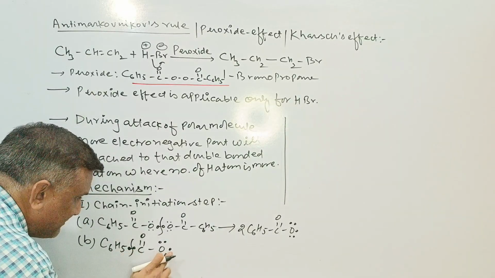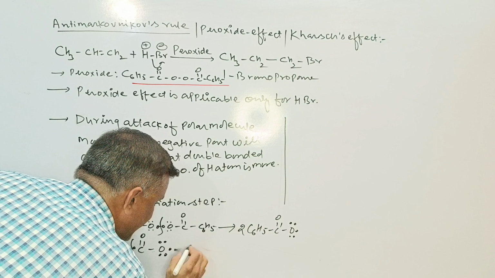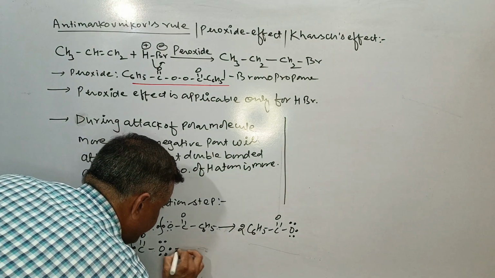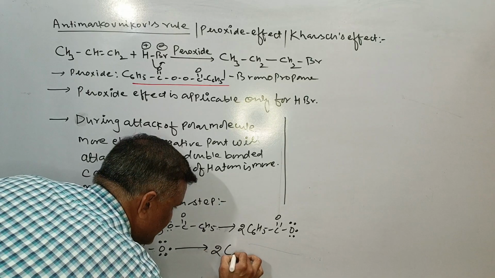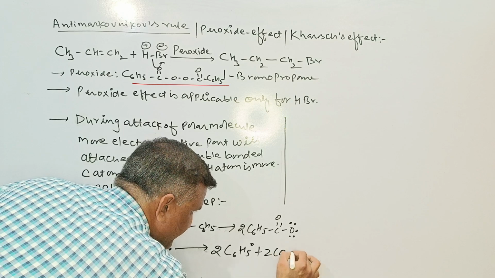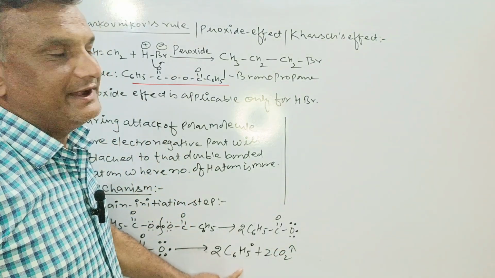This unpaired electron is shared, forming a double bond, and it will form the phenyl free radical, like 2 C6H5 plus 2 CO2. Here will be the release of CO2 gas. This is the phenyl free radical.